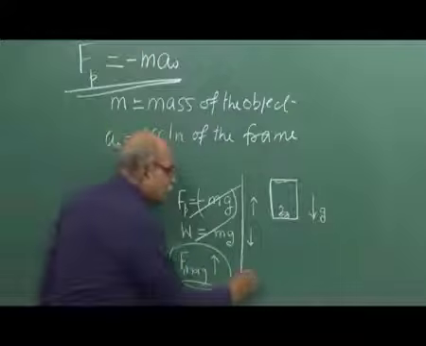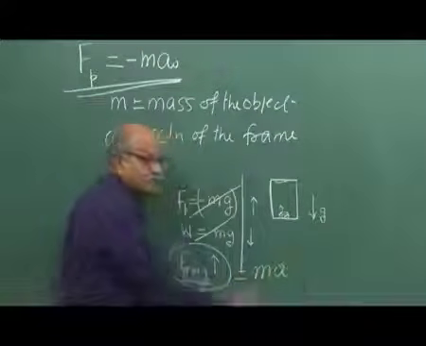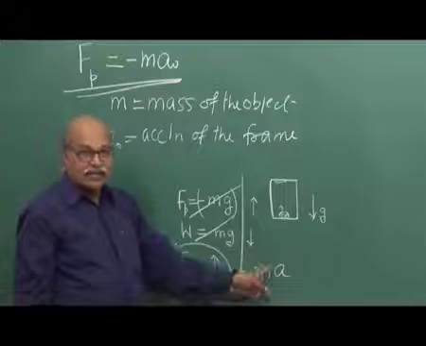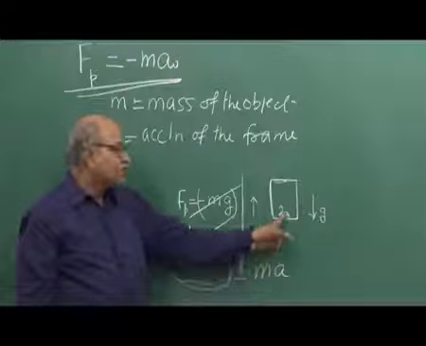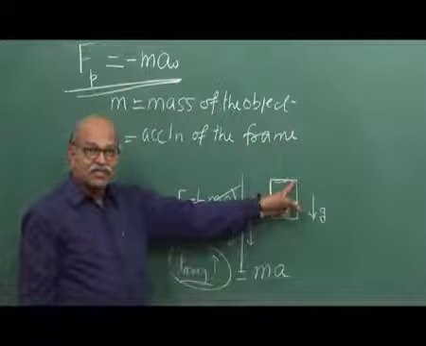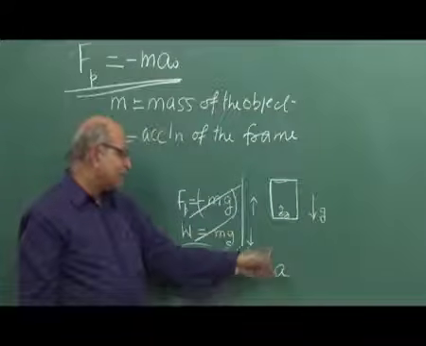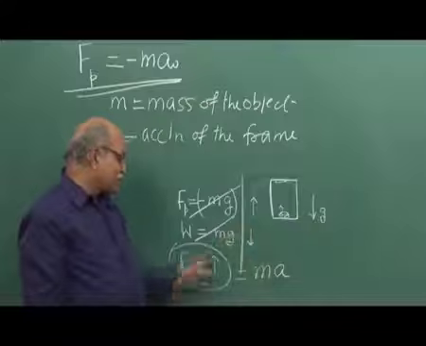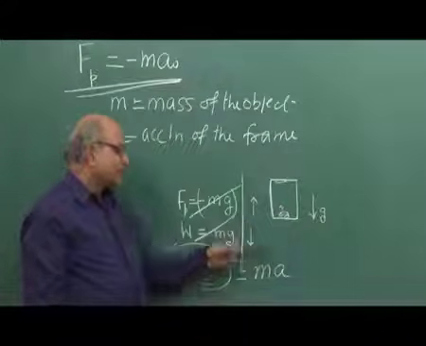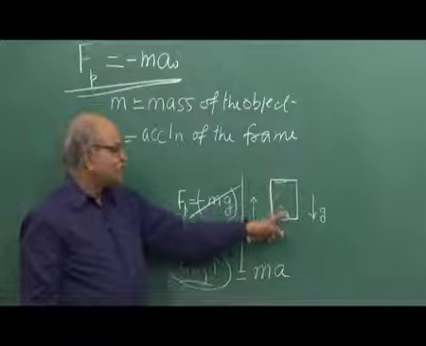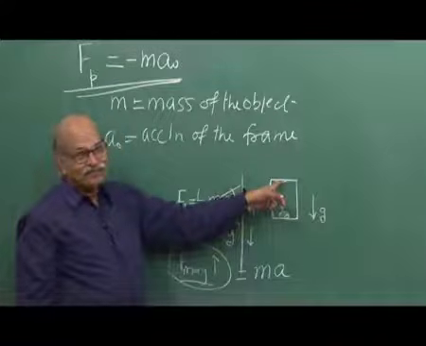So that is equal to mass times acceleration. The acceleration of this ring magnet with respect to this box is in upward direction because the net force is in upward direction. So it goes up and hits this magnet.